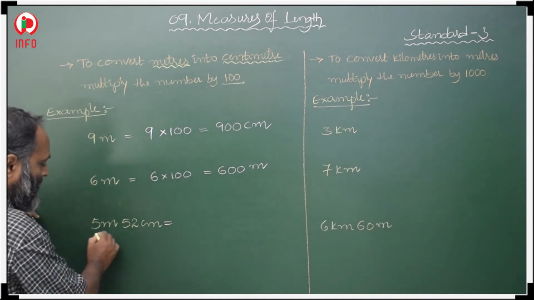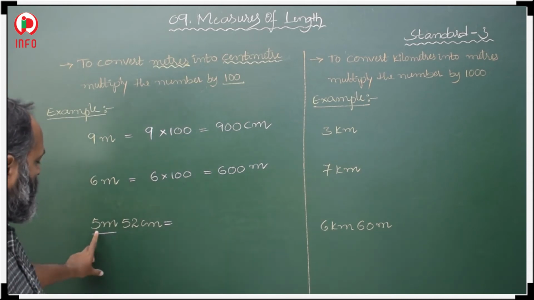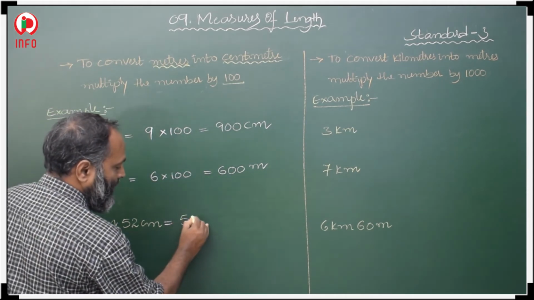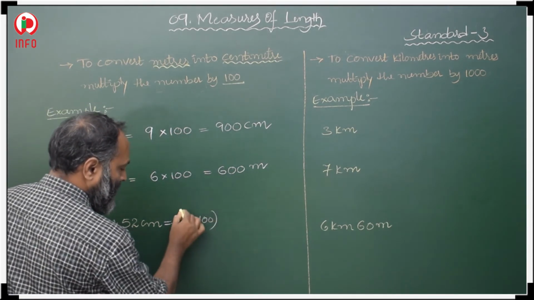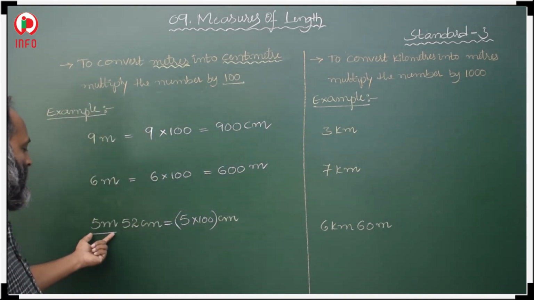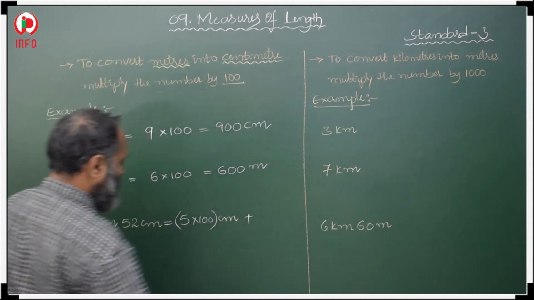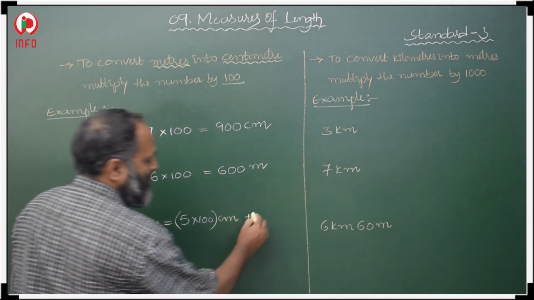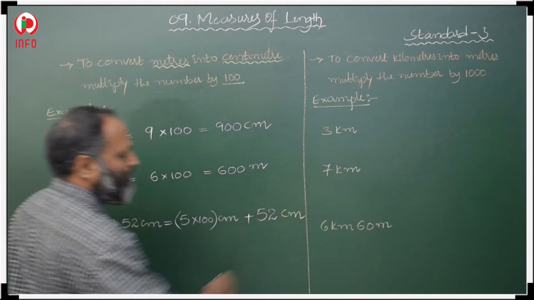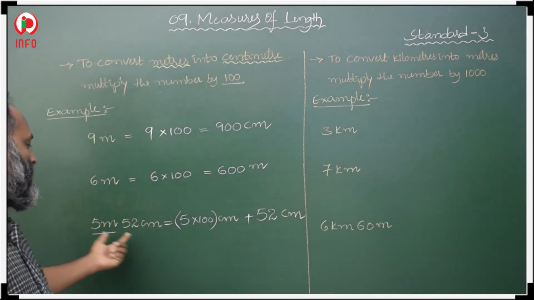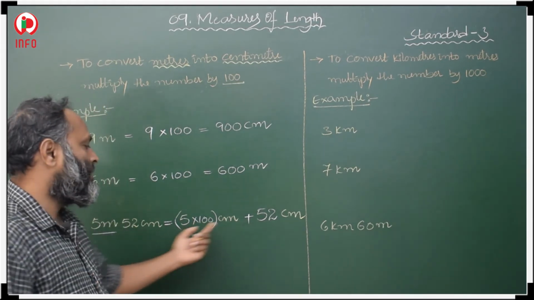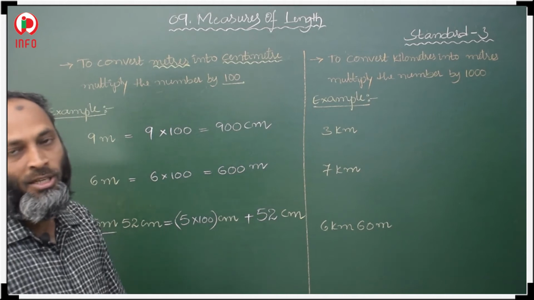First, this 5 is in meters, so we multiply it with 100: 5 into 100 centimeters, plus the 52 centimeters. First convert meters into centimeters by multiplying with 100, and after that add the centimeters given.